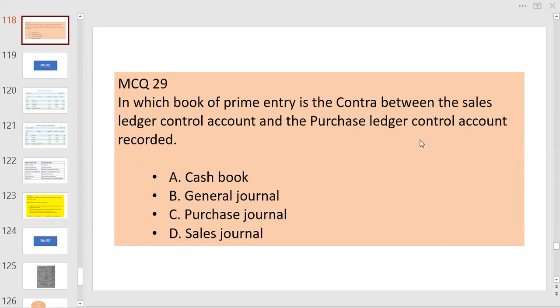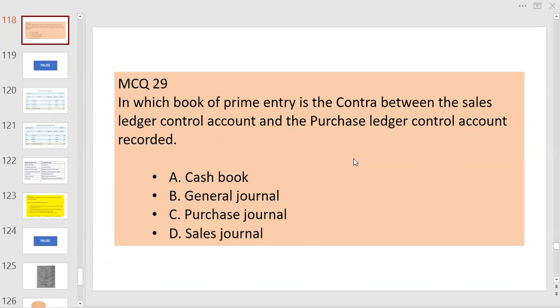Here we are talking about sales ledger control account or total account, purchase ledger control account, and a contra between. Now these are a few things which we'll have to learn. Maybe you already have studied, but just to recapitulate.